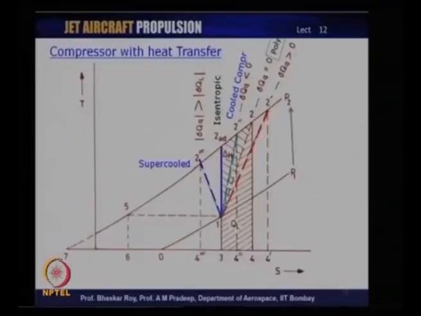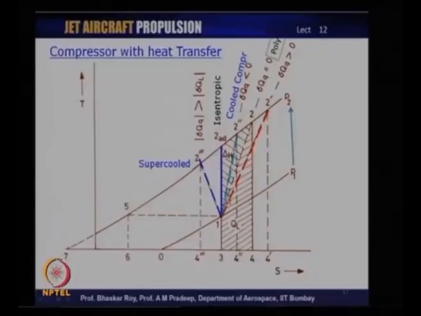Now, we take a look at what happens if we have a compression process with a certain amount of heat transfer. What does happen is that when the process of heat transfer is going on, the compression is affected. Now, the blue line 1 to 2 adiabatic is indeed the ideal process, or we may call it the isentropic process.